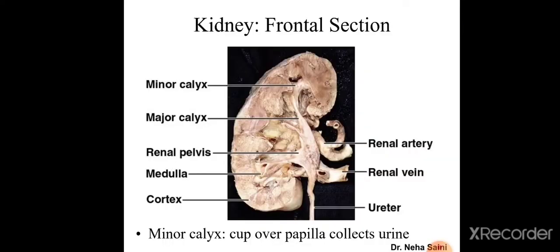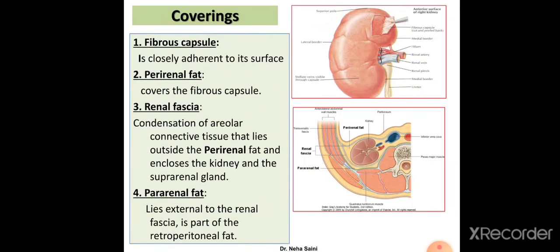Now this is the frontal section of the kidney. Here we can see the minor calyx, the major calyx, the renal pelvis which leads into the ureter, also renal artery and the vein. The outer part of the kidney is known as cortex and the inner area is known as medulla.